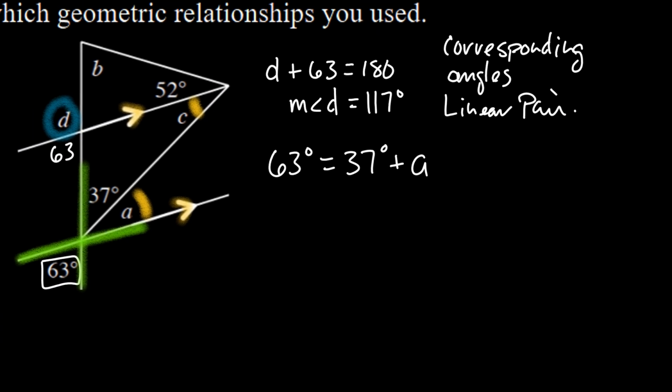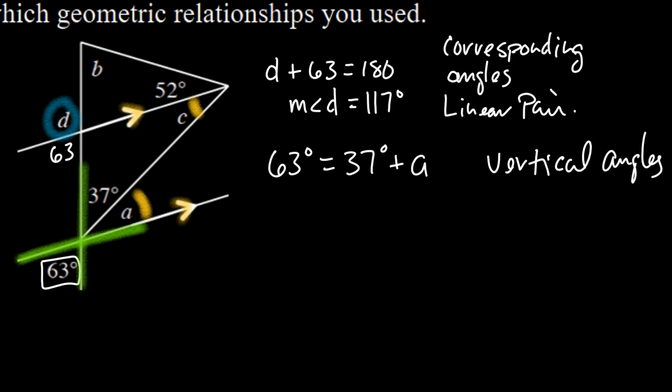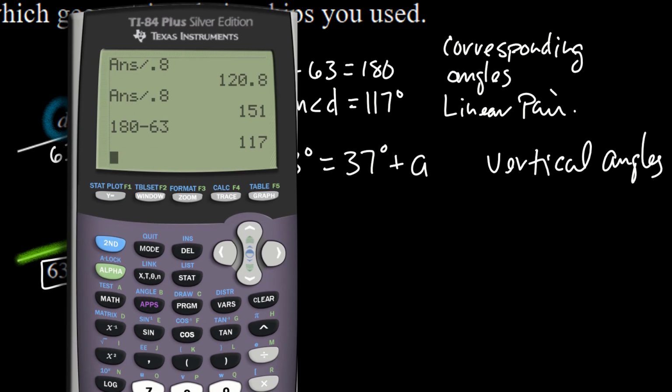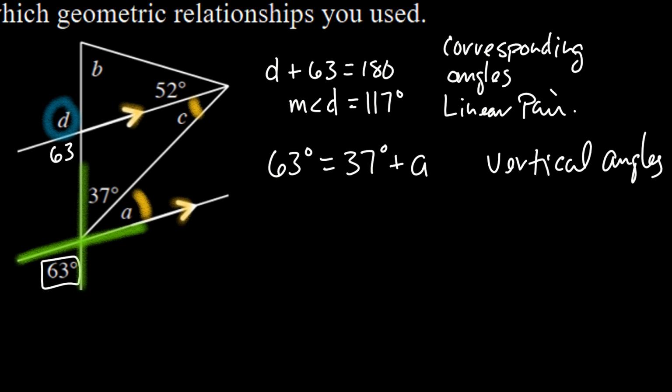That's because the 37 and the A together is a vertical angle with 63. So I'll write vertical angles. And to solve for A, I'll take away 37. So I've got 63 minus 37. So you get 26 degrees. So the measure of angle A has to be 26 degrees.